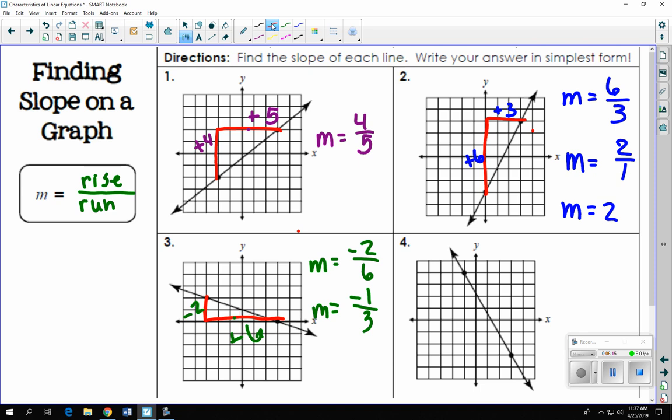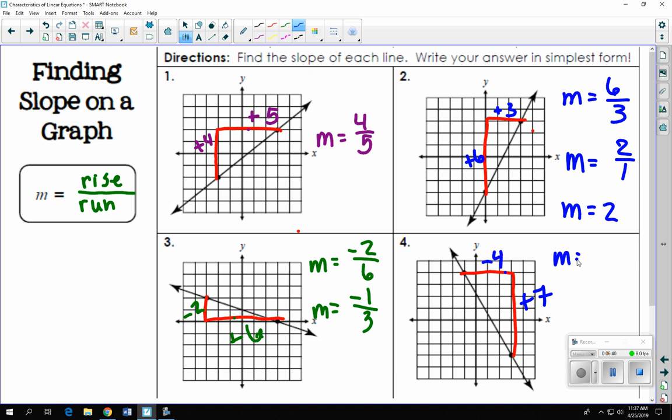In number 3, I went down 2 and then I ran in a positive 6 direction. For this one, I am going to go up and then run to the left. So because I'm running to the left, that will give me my negative number. So I have 1, 2, 3, 4, 5, 6, 7. I have a positive 7 here. 1, 2, 3, 4. And I have a negative 4 here.